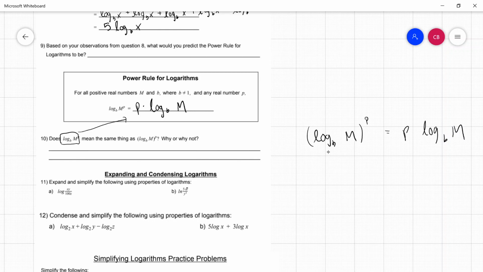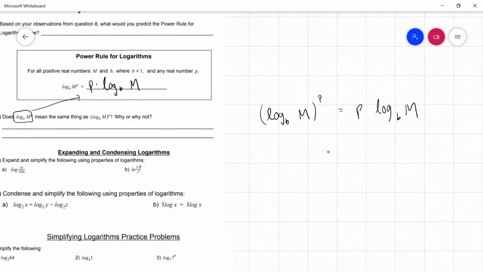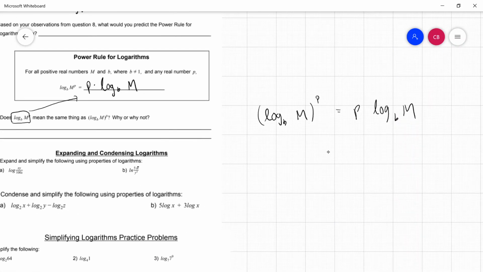Well, let's say that b is 2. So let's do log 2, and then let's say m is 2. Actually, that's not a good example. Let's say m is 4. And let's do p is 2.